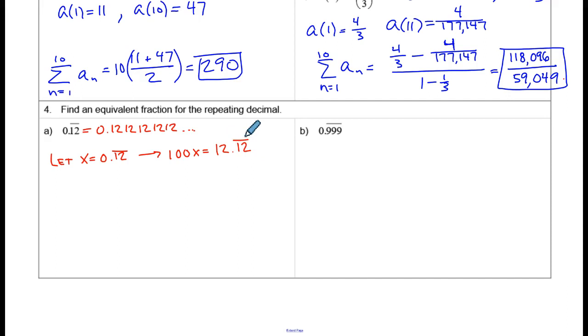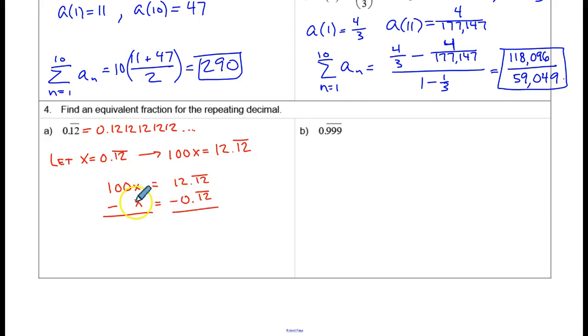Now what I'm going to do is a little bit of algebraic magic. Let's look at our 100x here, and let's subtract x from it and see what happens. The equivalent equation would be 12.12 repeating, that's my 100x, minus x, which is 0.12 repeating.